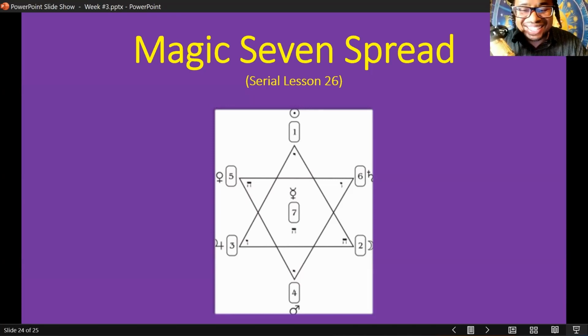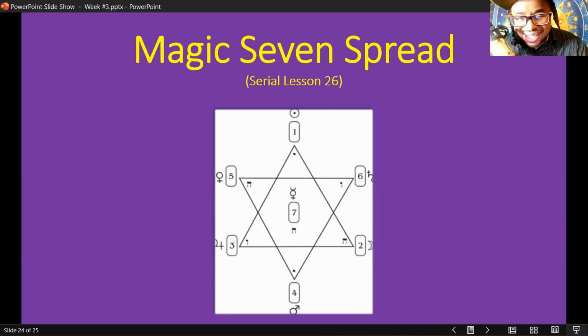Each point on the Magic 7 spread represents a planet. And the Magic 7 spread is actually one of my two go-to spreads. The yes and no spread, I do that, but that's probably one of the spreads that I do the least.